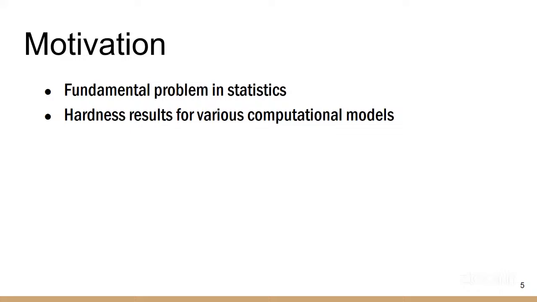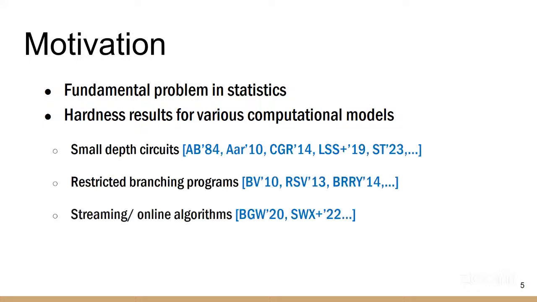Especially for computational models where you cannot compute majority, it has been very useful to understand whether those computational models can solve the coin problem or not. Some examples of these computational models where the coin problem has been studied are small depth circuits, restricted branching programs, and streaming and online learning algorithms.